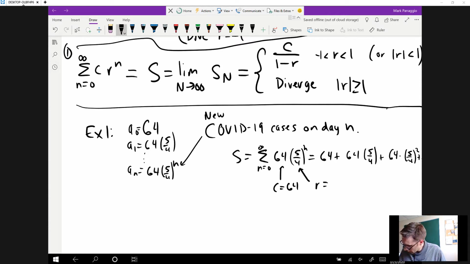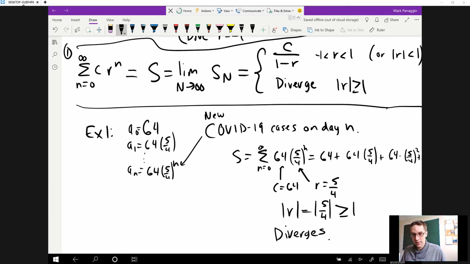We have r equals 5/4. And because the absolute value of r here is greater than or equal to 1, right off the bat, we know that this has got to be a divergent series.